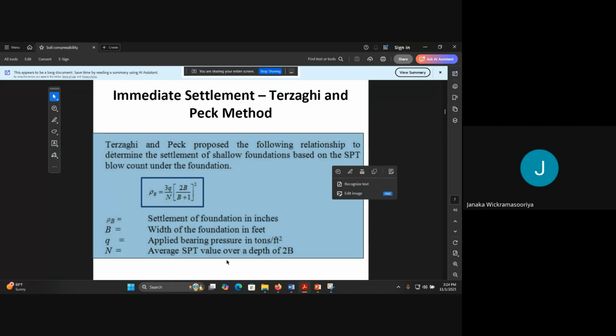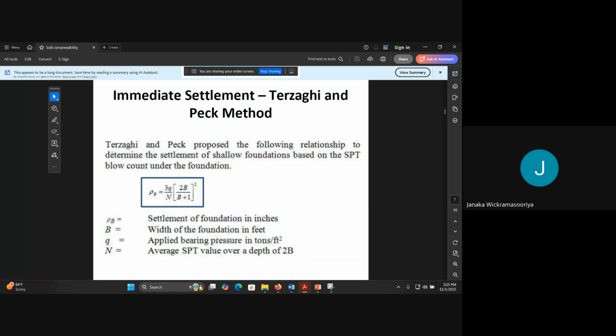You can calculate the 2B depth and determine N, that is the average SPT. And B is the width of the foundation in feet. Now you will have to apply B in feet, N has no dimensions, and bearing pressure in tons per square feet.